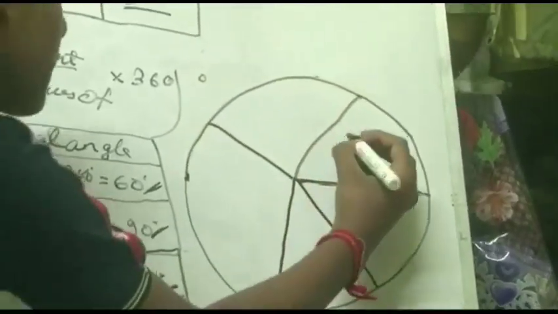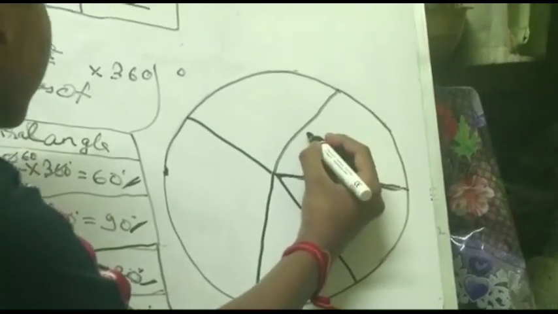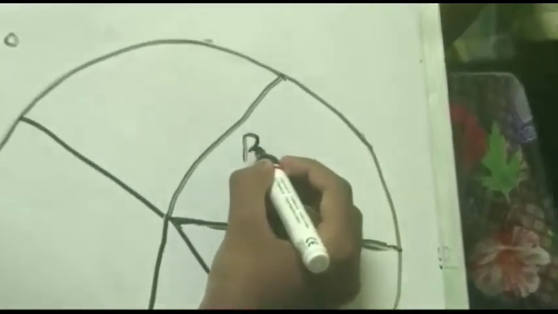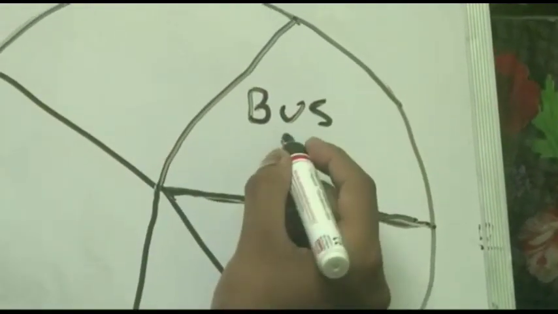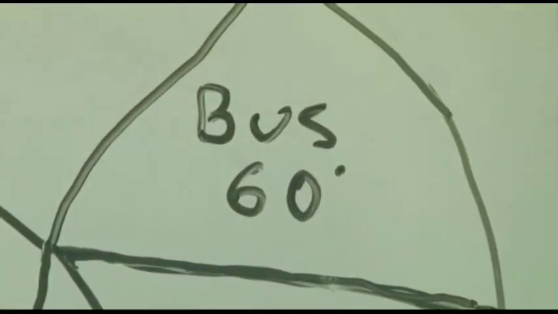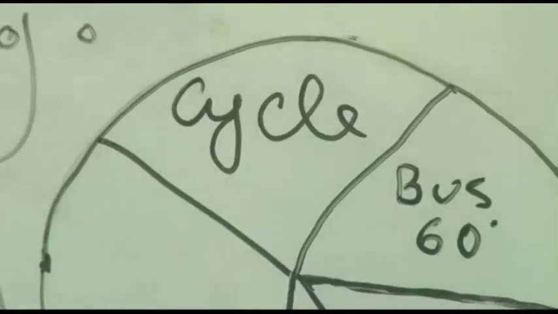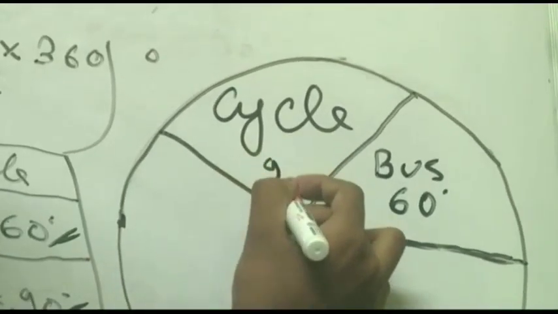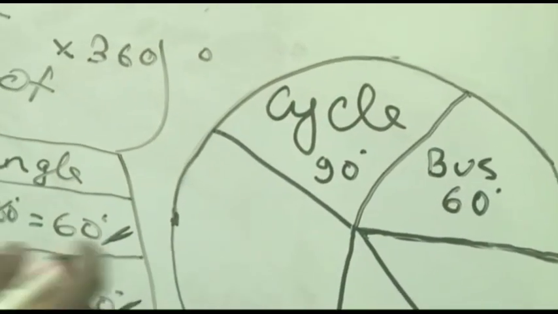So we have to write: first is bus. Bus how much? 60 degree. Then second, cycle. Cycle 90 degree. Then train.